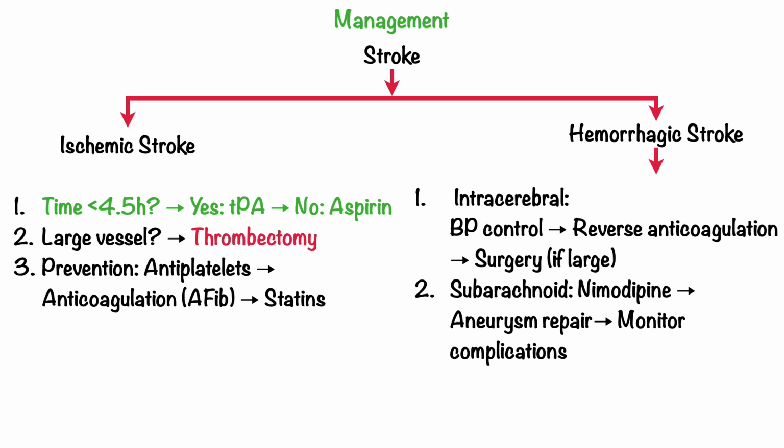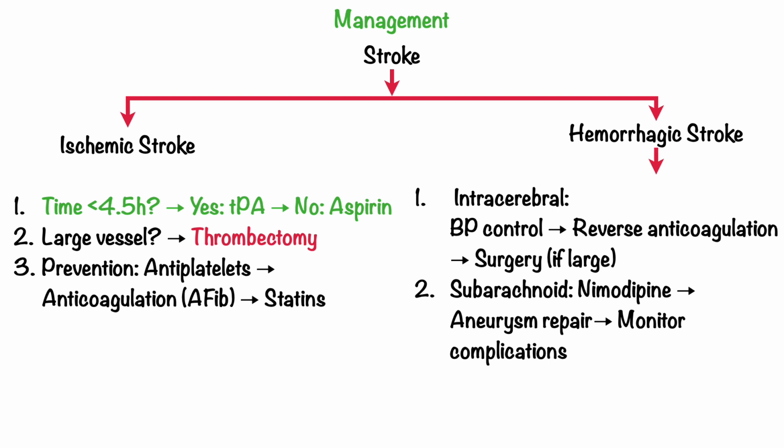So it is time sensitive. In ischemic stroke, if it is less than 4.5 hours of symptom onset, you have to give tissue plasminogen activator, TPA, to resolve the clot, right? If it has been more than 4.5 hours, then you have to give aspirin. And also, is a large vessel involved in the case?